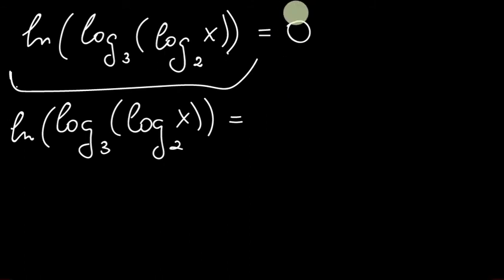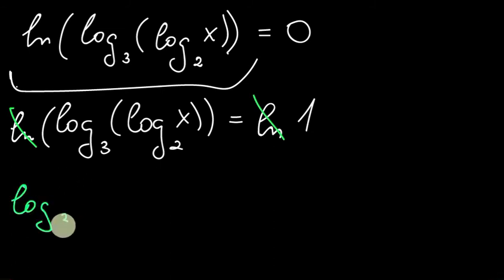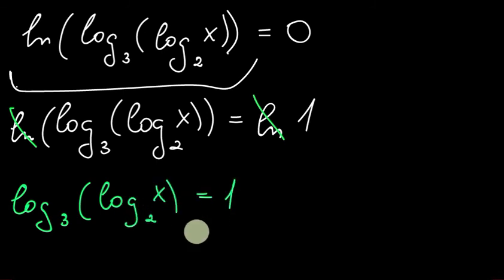So now, as I mentioned earlier, if any logarithm is equal to 0, then inside it is 1. So now we can cancel our natural logarithms, and we get that log base 3 of log base 2 of x is equal to 1.